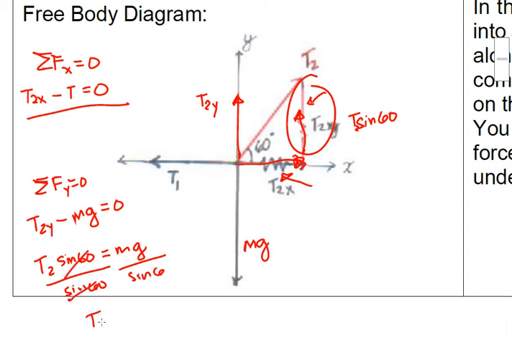So we have T2 equal to mg over sine 60. This is our working equation for us to find T2.